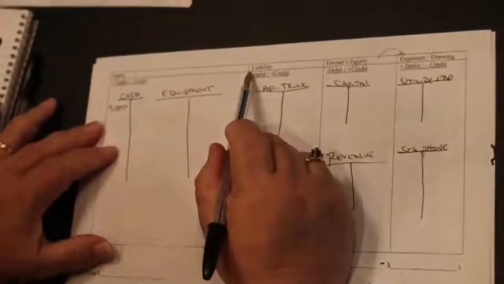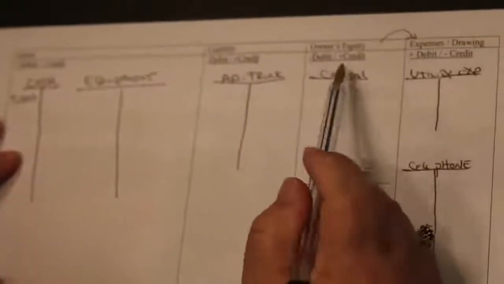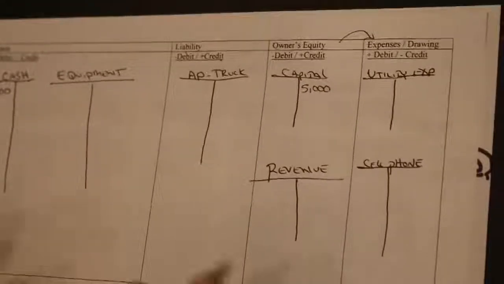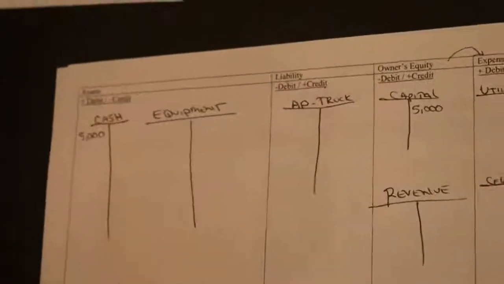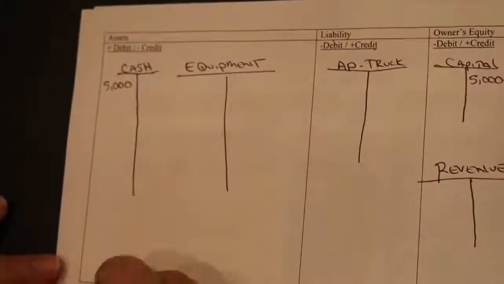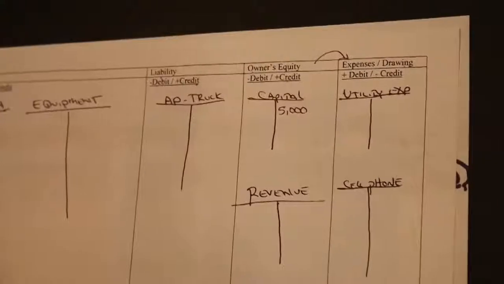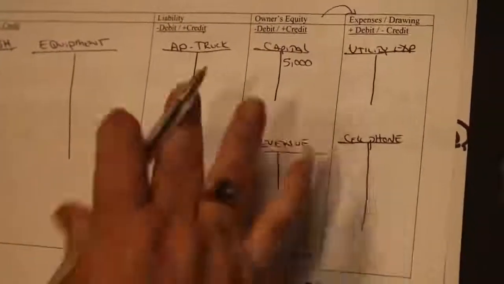And what other account? It's my capital, right? How do I increase the owner's equity? Credit it. $5,000. Okay. Again, if I was to add all these up now, at this point, my assets would equal $5,000. My liability, 0. My owner's equity, $5,000. Assets equals liabilities plus owner's equity, and it balances.